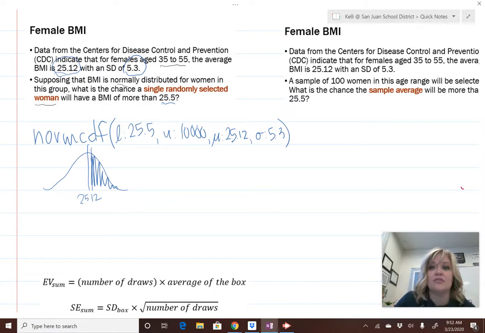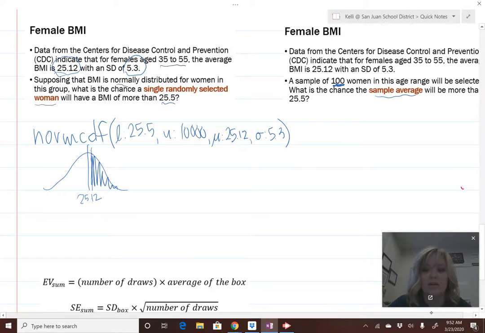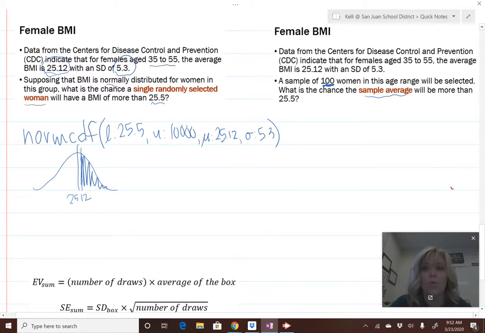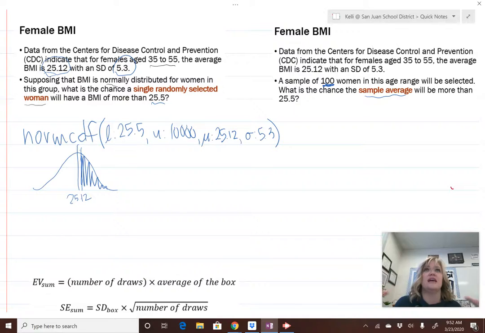Now, using that same information over here, what if we sample 100 women? Okay, and then we want, what is the chance that the sample average will be more than 25.5? So now instead of looking at a single woman being more than 25.5, you're looking at what is the chance that the average sample of those 100 women is more than 25.5.